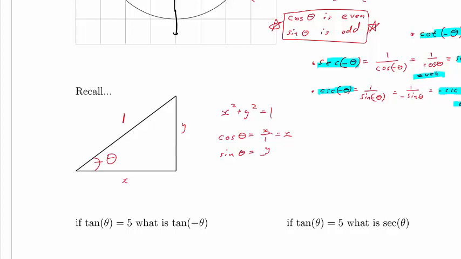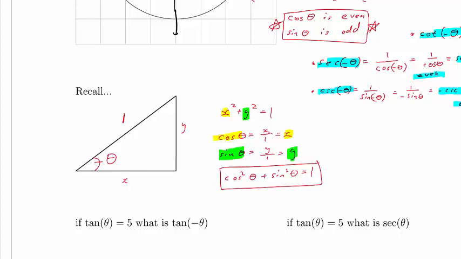Well, that's y divided by 1, which is just y. And so we can plug both of these values into the Pythagorean theorem. And so when we do that, we get cosine squared theta plus sine squared theta equals 1. This is a fundamental trig identity. This is very important.